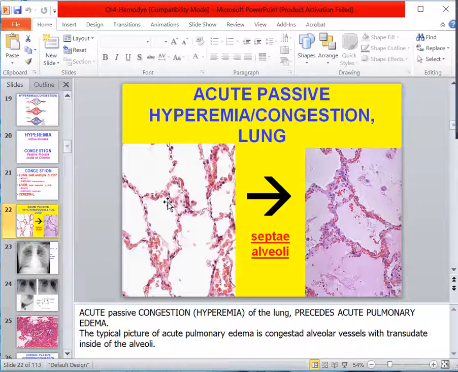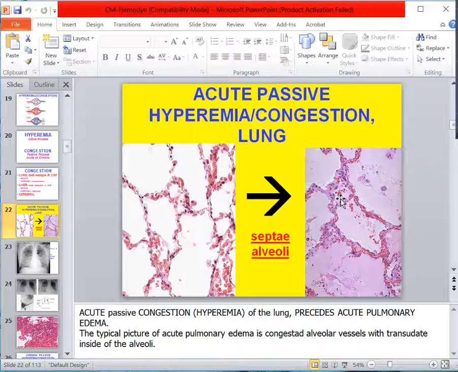Okay, there's a lung. There's a normal lung. Okay, look how thin those alveolar septae are normally. Look how they become not only thicker now, and the reason why they're thicker is because the alveolar capillaries are congested, because the pulmonary veins are sluggish, because they have increased hydrostatic pressure.